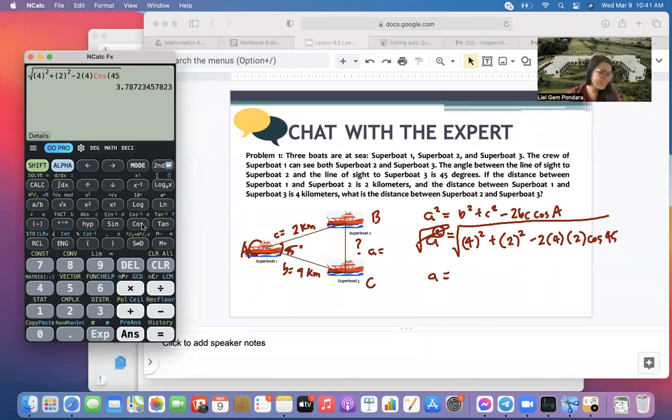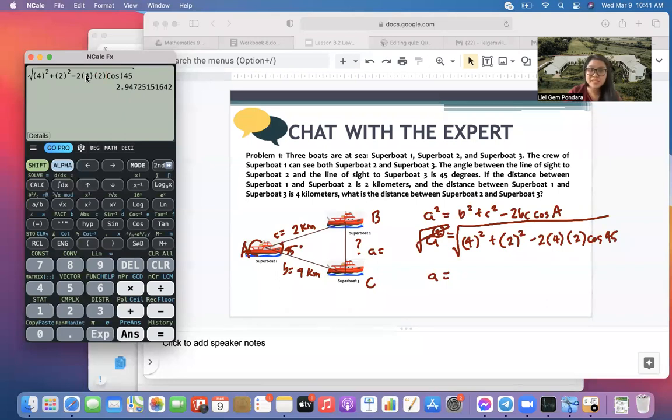There. Wait for a while. Why is my answer different from the module? Sorry, I missed the other 2. That's 2 times 4 times 2. There.